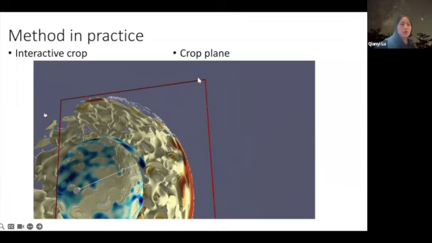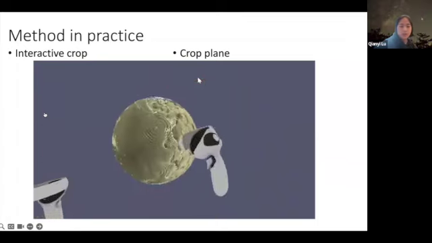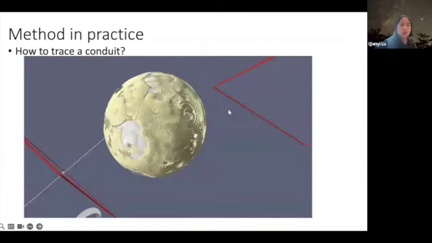With the help of these two useful tools, I'm then able to trace plume conduits. Here I'm showing you an example of how I trace a plume. It's Samoa. It's okay if you don't have any geographic information on it, but you have to believe me, this is Samoa.